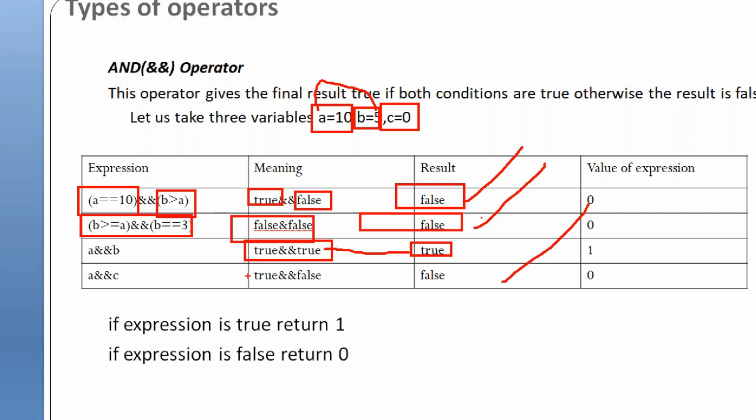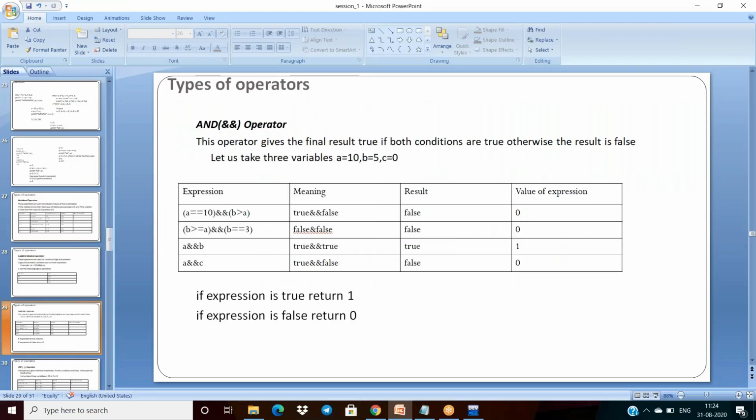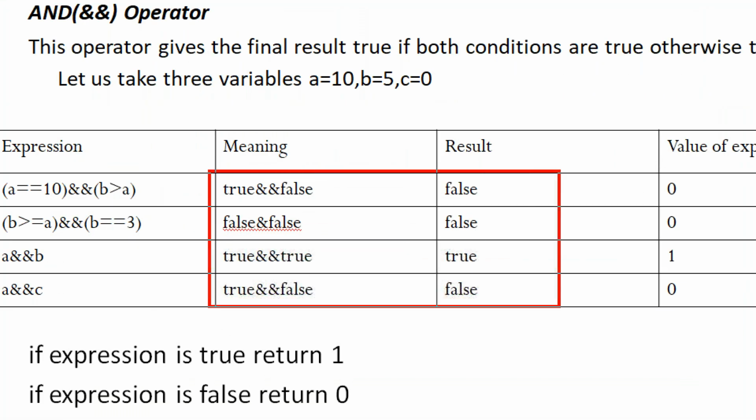True and true, true; true and false, false; false and true, false; false and false, false. But the important consideration is this. The value of the expression will be false is 0, for true it is 1.